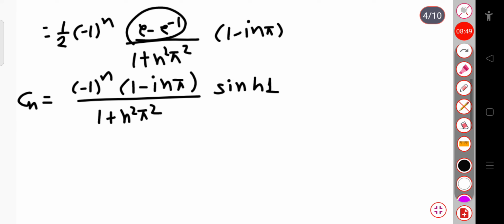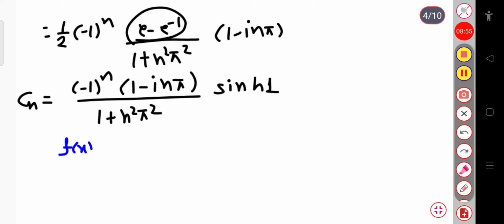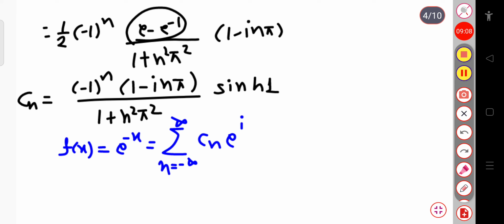Now we have to put this value in the series for f of x. Since f of x is given as exponential minus x, this is equal to the sum over n from minus infinity to plus infinity of Cn into exponential i n pi x by L, but here L is 1, so this is simply i n pi x.